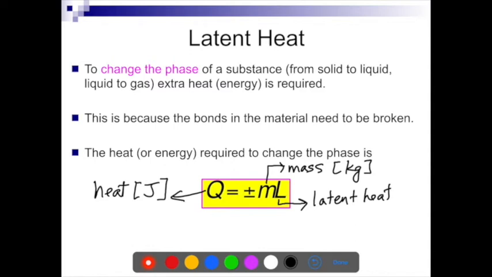We'll talk more about latent heat in the next slide, but it's also a property of the material, just like specific heat capacity. Just looking at the units for Q, which is joules, and the unit for mass, which is kilograms, the unit for latent heat will be joules per kilogram.